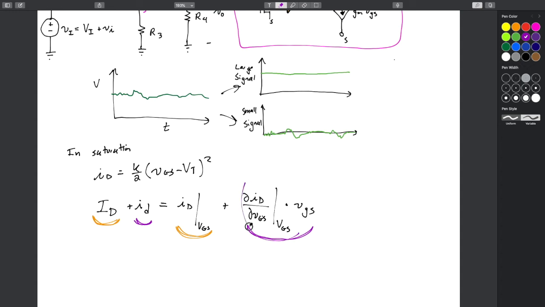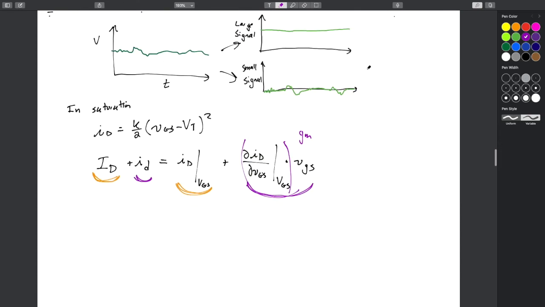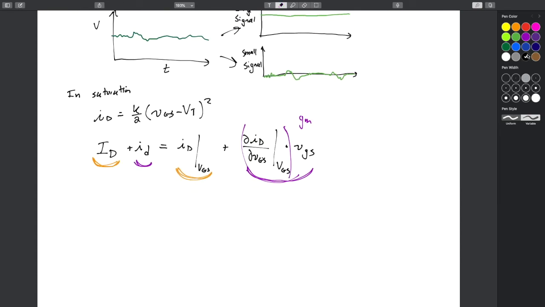This term will end up becoming what we call gm, if we go back up to our model. Okay? So we need to analyze this out. It's not too bad. This expression, analyzed when VGS is capital VGS, just ends up being K over 2 times (VGS, all capitals, the large signal input voltage, minus VT) squared.